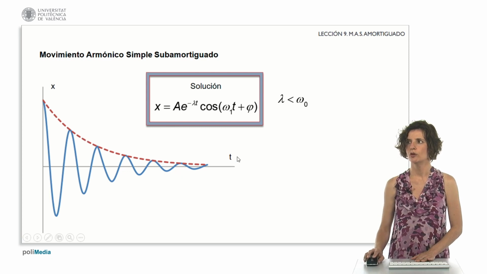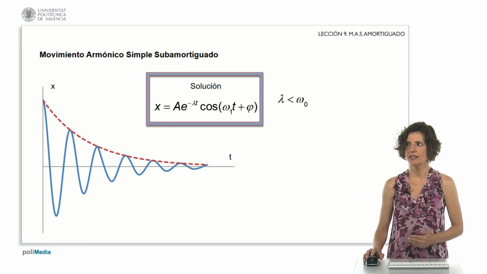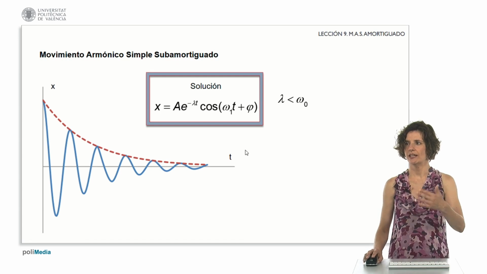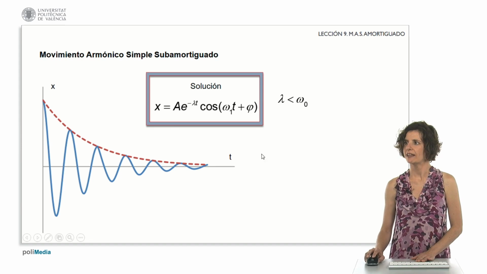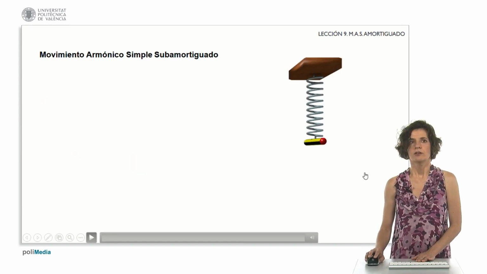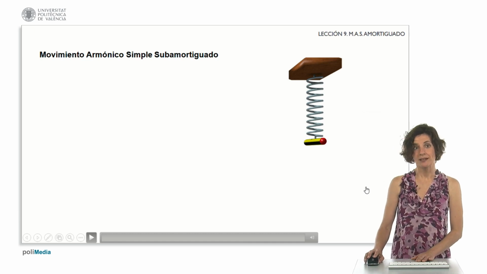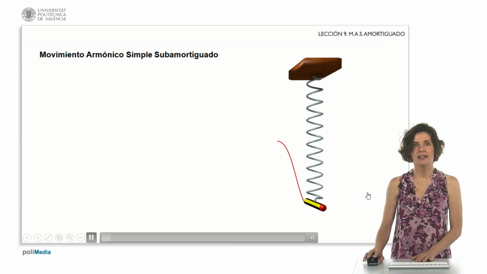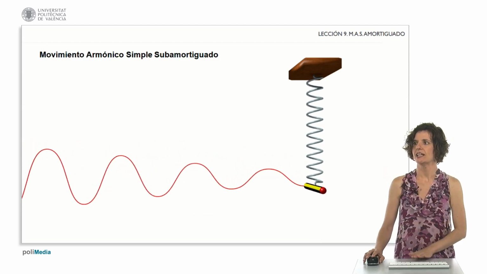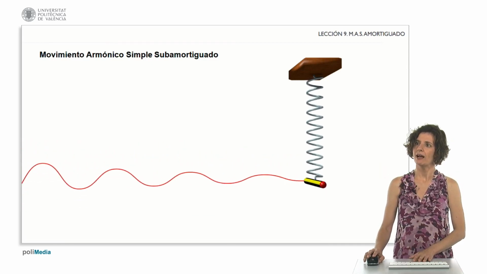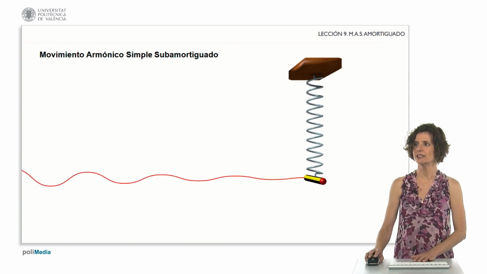If lambda is smaller, the oscillation will damp more slowly and take longer to reach zero. Then, the motion described by a mass suspended from a spring in the presence of friction is like this. You see that the amplitude is no longer constant but decreasing.